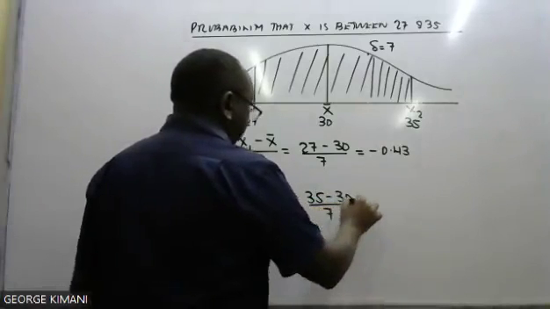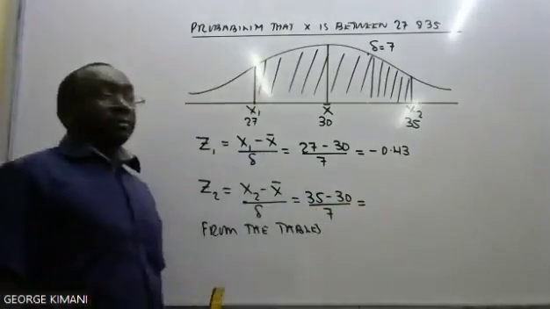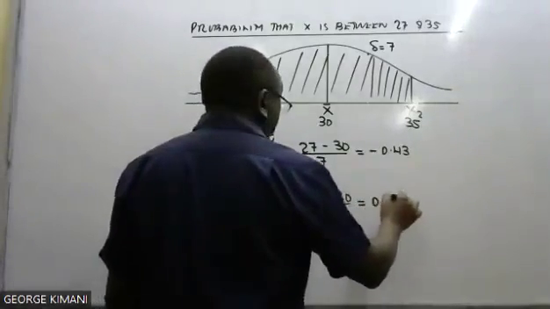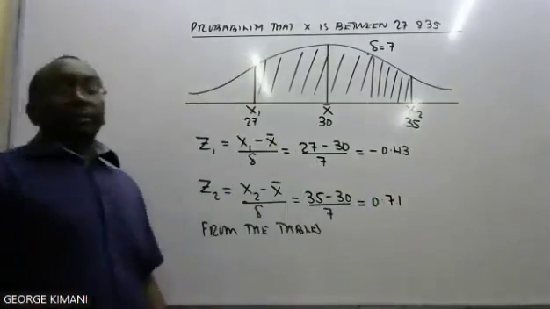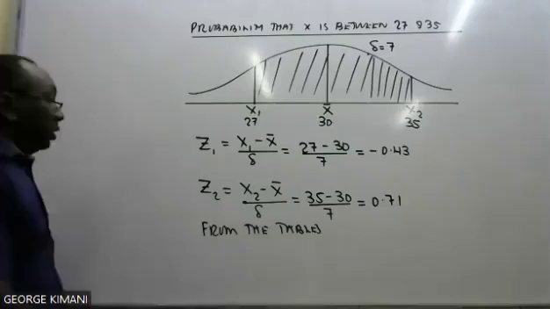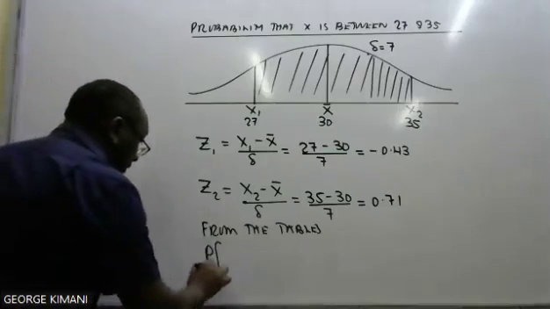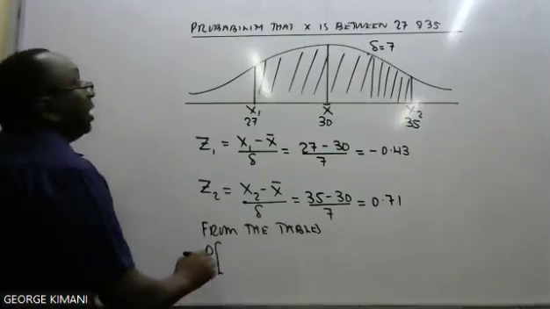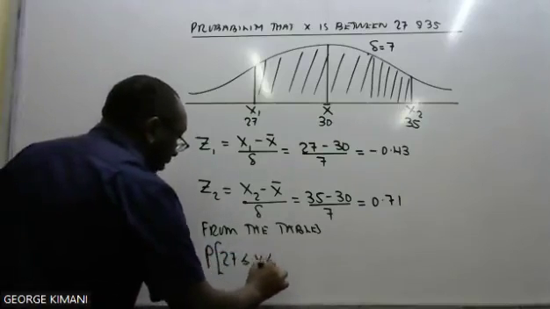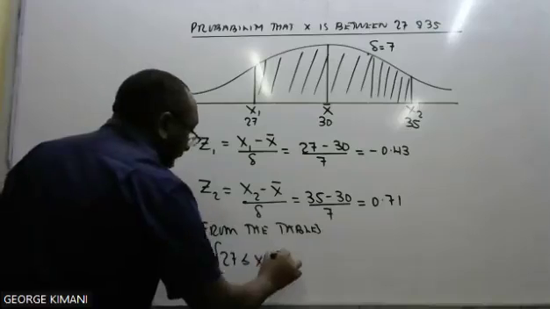Divide by 7. 0.71. So from the tables, the probability that we are between 27 and 35.